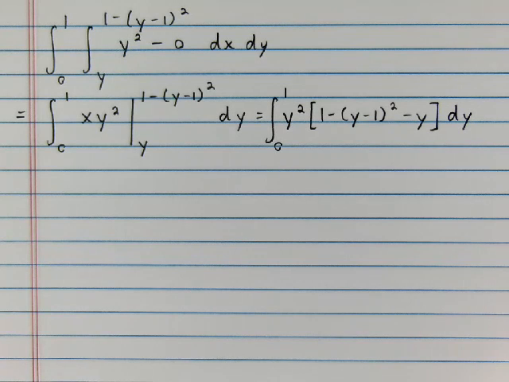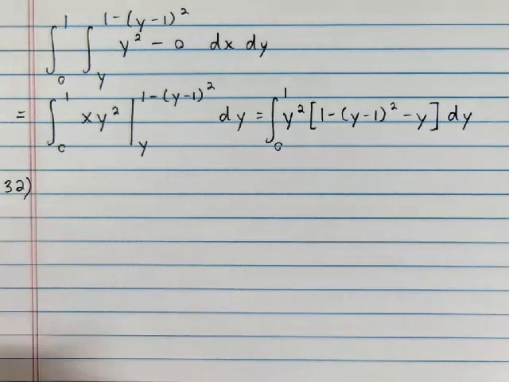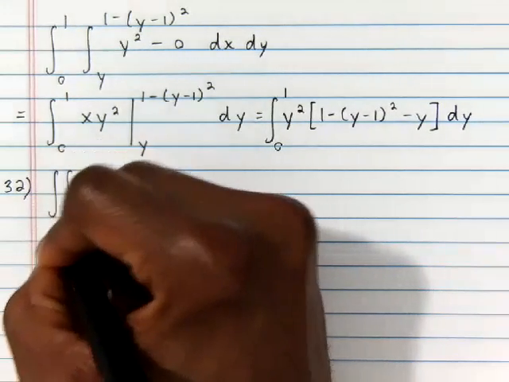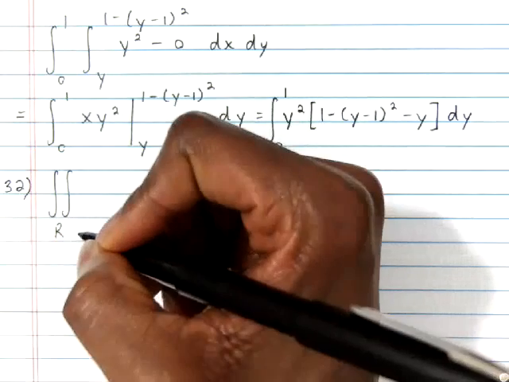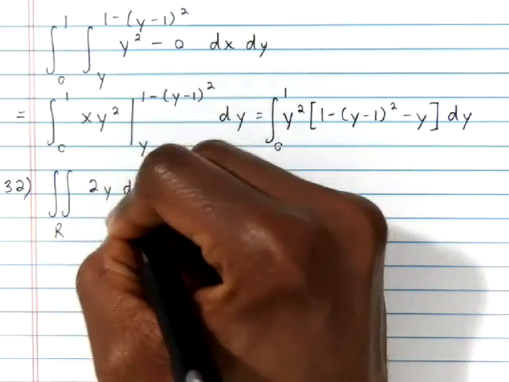All right, so next we will look at number 32. This is the next problem I want to look at. Number 32 says, in exercises 20 through 33, express the double integral as an iterated integral and evaluate it. The double integral over R of 2y dA.